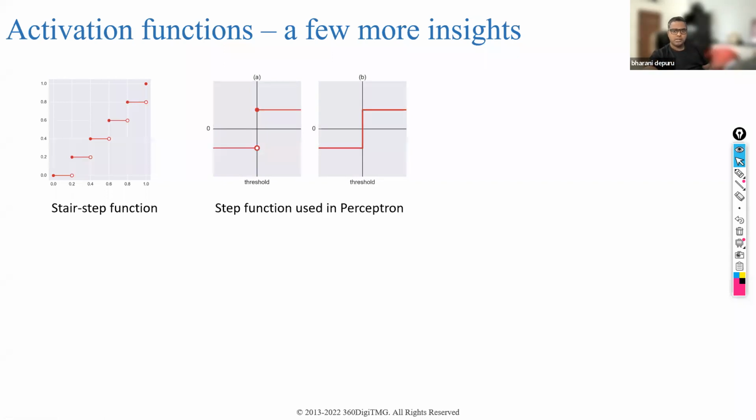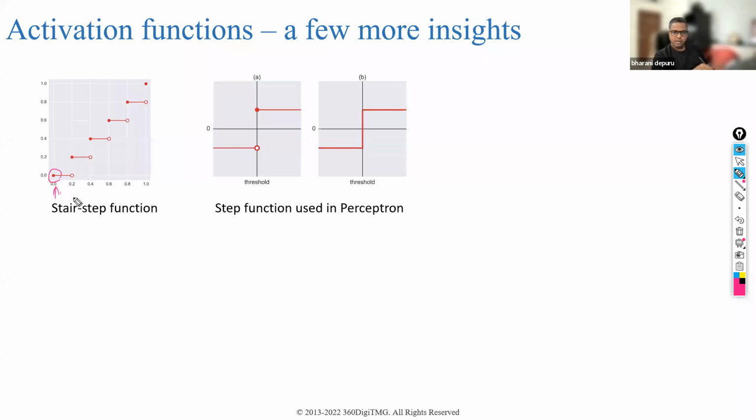Then you have something called the step function. Okay, one more thing, quickly let me help you understand. You have a solid circle, a filled circle. Filled circle says that at that point, the output value there is valid. So that means if you have the function value as 0, output will be 0.